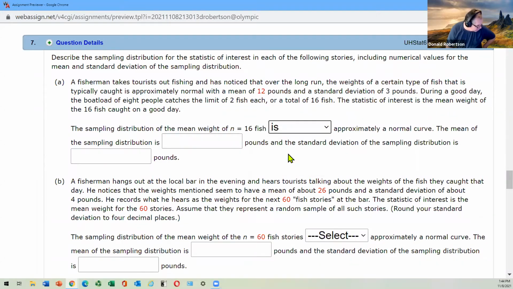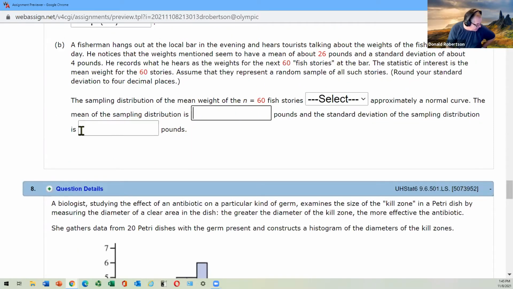So since it is approximately normal, the mean of the sampling distribution is 12, and the standard deviation is 3 divided by the square root of 16, and that ends up being 3/4. So here's the story. Tell me the mean and standard error. That's essentially it, right? Here is a story. Tell me the mean and standard error.